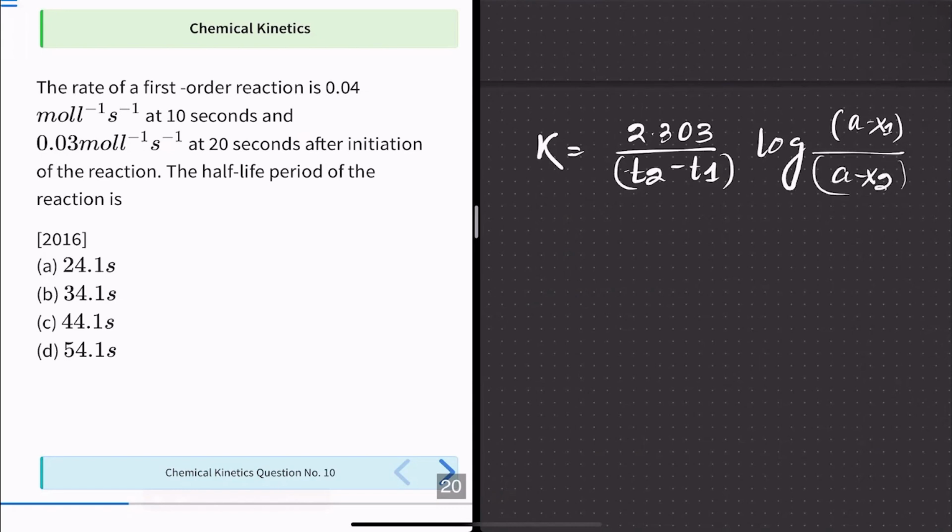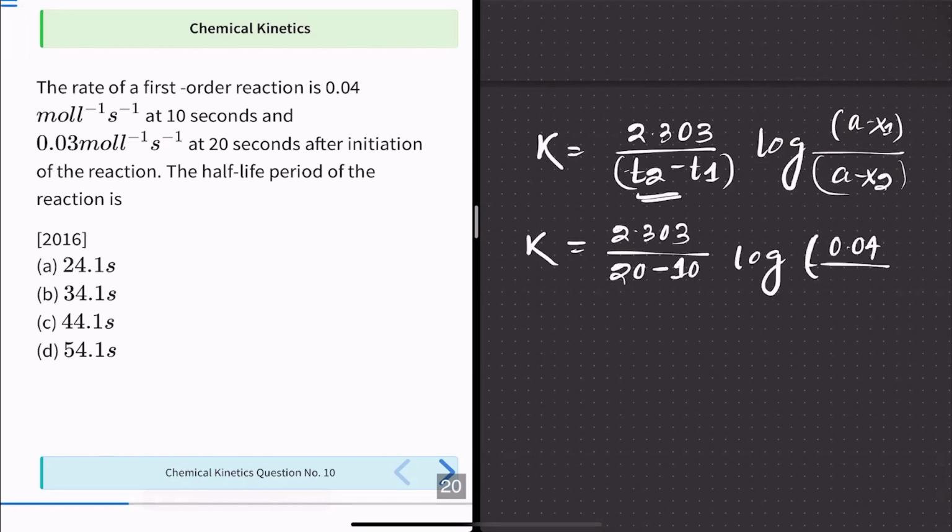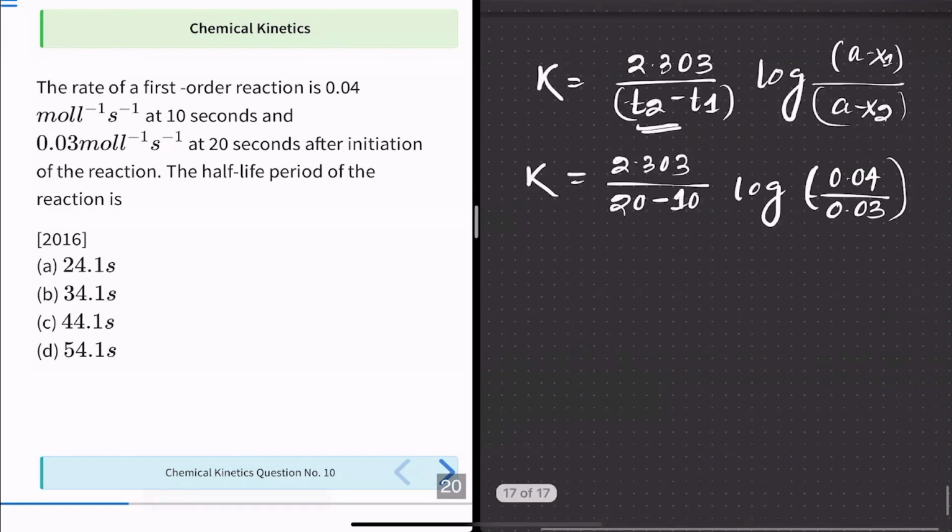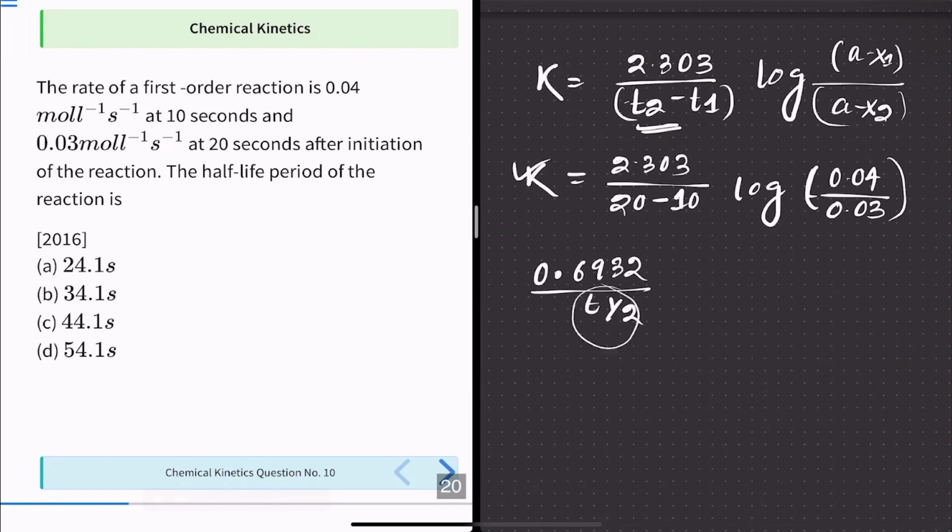So here K is equal to 2.303 divided by (T2 minus T1), where T2 means 20 seconds and T1 means 10 seconds, times log of 0.04 divided by 0.03, which is equal to 0.693 divided by T half. K is converted in the form of T half, 0.693 divided by T half.